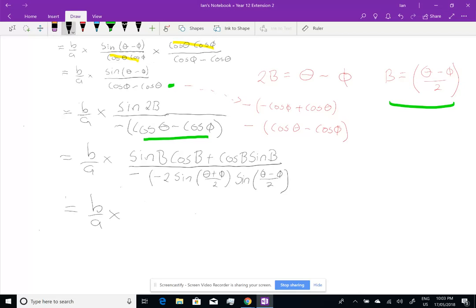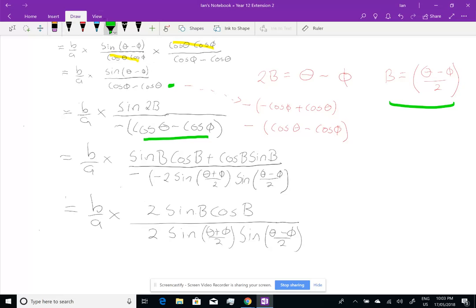That's two of those things, isn't it? Sine B cos B, that's two sine B cos B, and then we'll do the substitution of B back in a minute. Negative gives me a 2, and then I've got sine theta plus phi on 2 sine theta minus phi on 2.